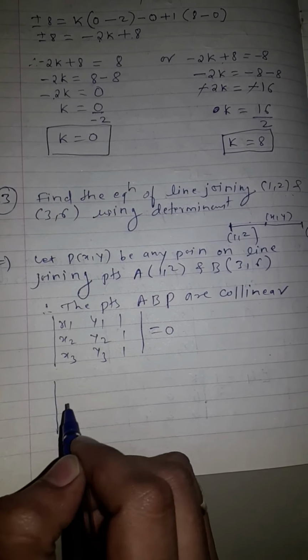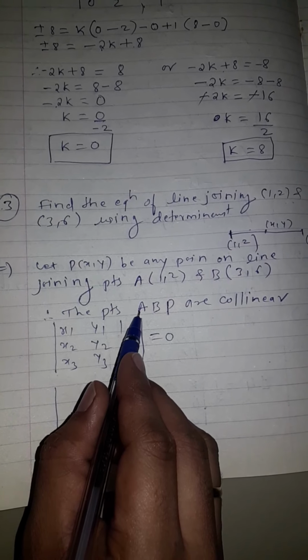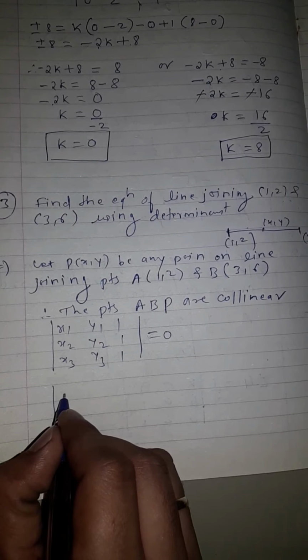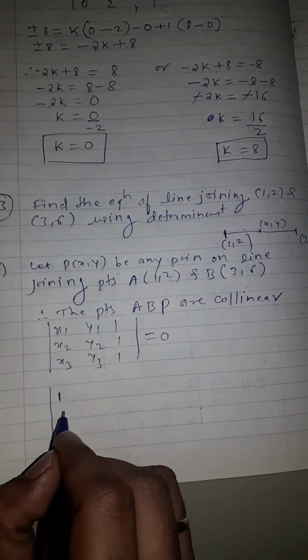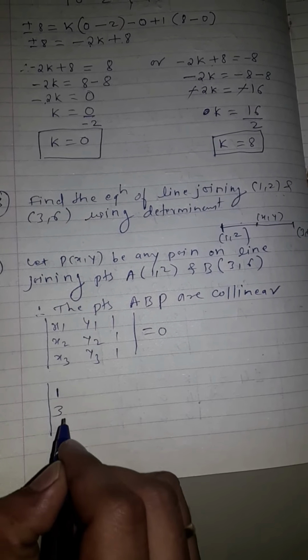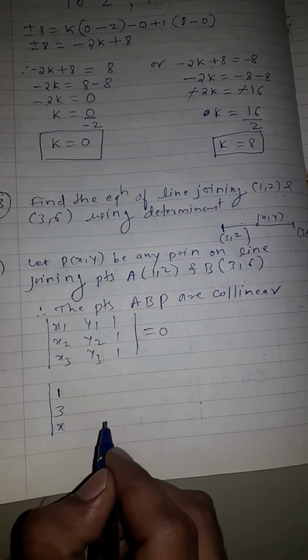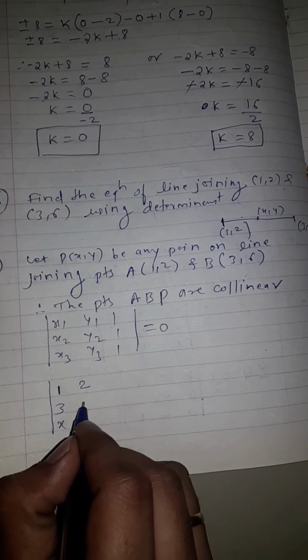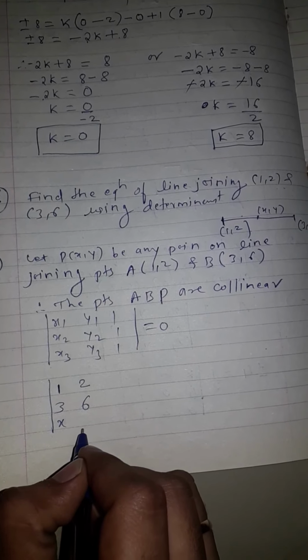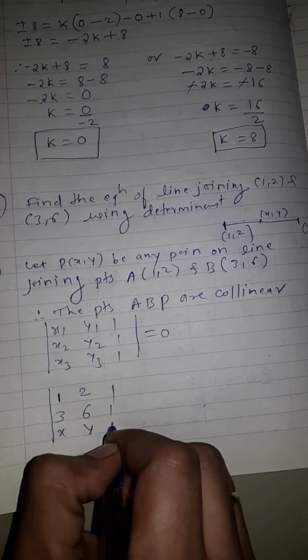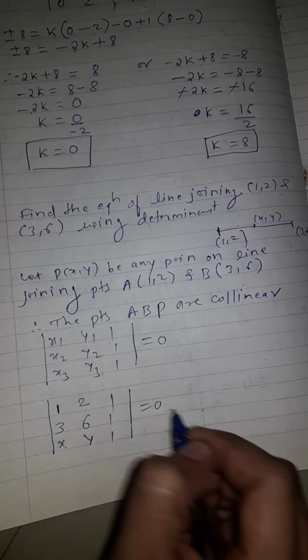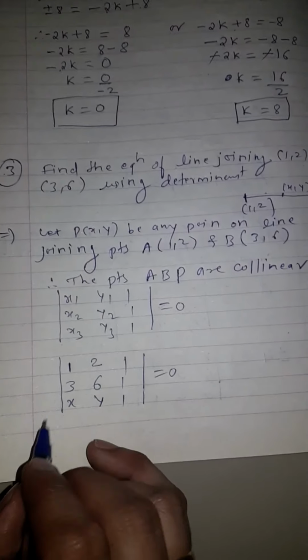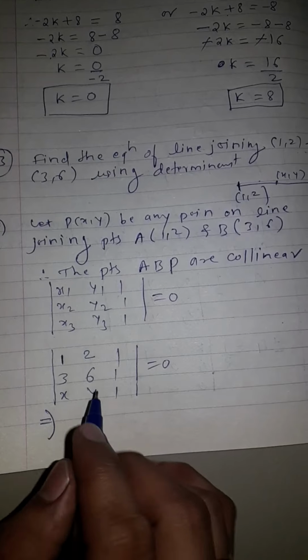So as per that you have to substitute. x1 is 1, x2 is 3, x3 is x. Now y1 is 2, y2 is 6, and y3 is y, and this 1 1 1, which is equal to 0. Now as usual you have to expand the determinant with the first row.